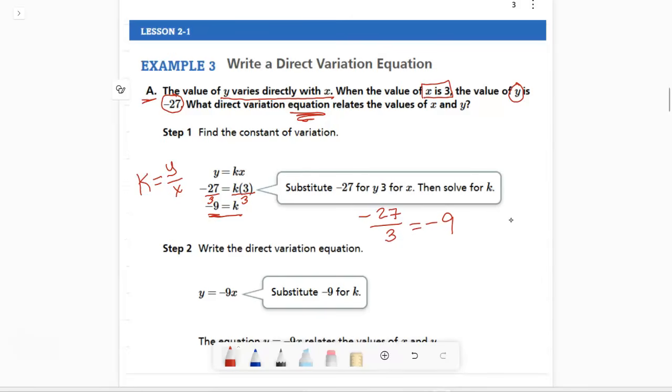If I use my equation, y equals kx, and plug in the negative 9 for the k, then there goes our equation. Okay, we're going to try some more together.